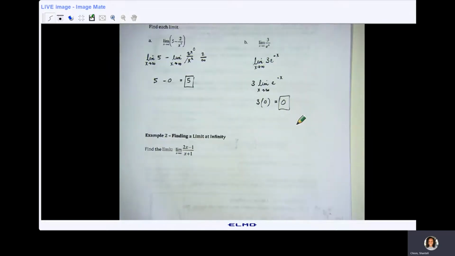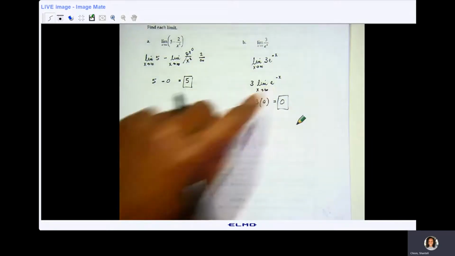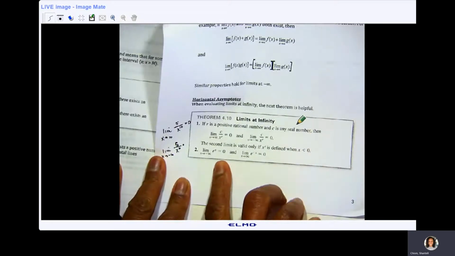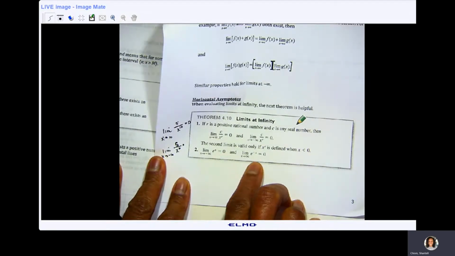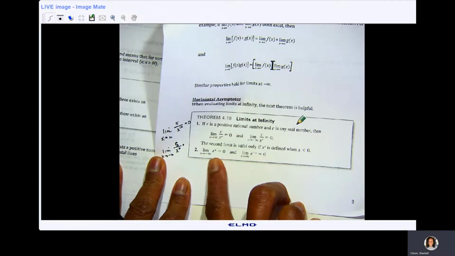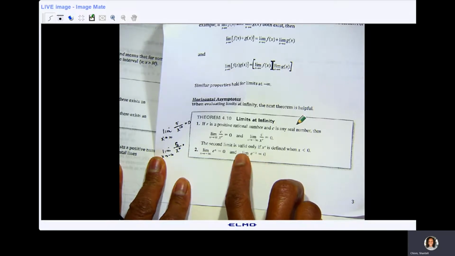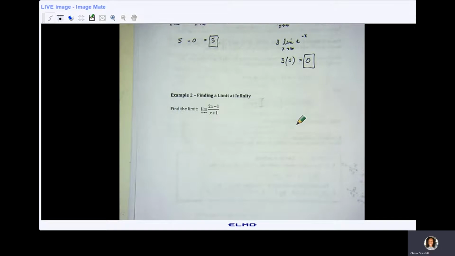And again, for that limit value, I am referring back to theorem 4.10, that gave me that as a solution. So I just brought the e to the x to the top by making it e to the negative x. And then the 3 just came out front because it was a scalar product. Okay? All right, here's another one.